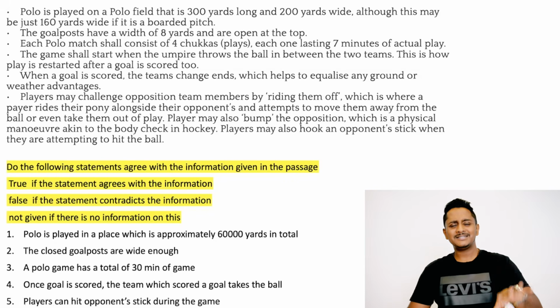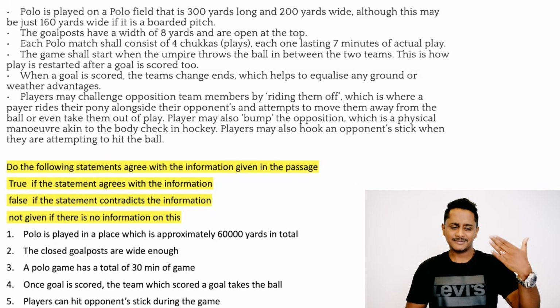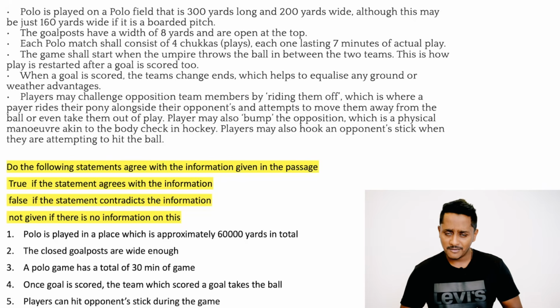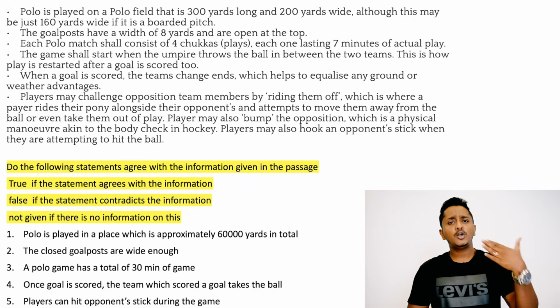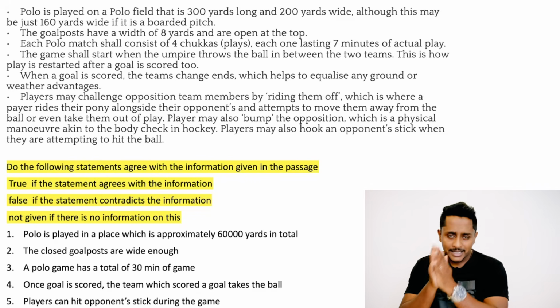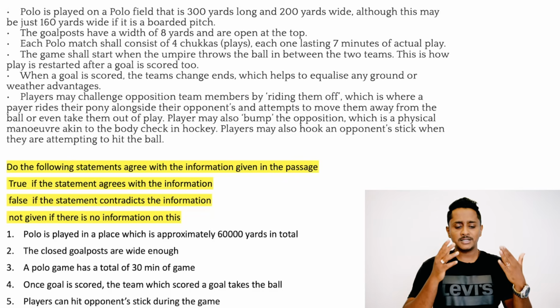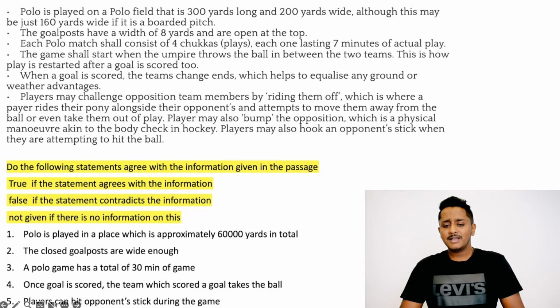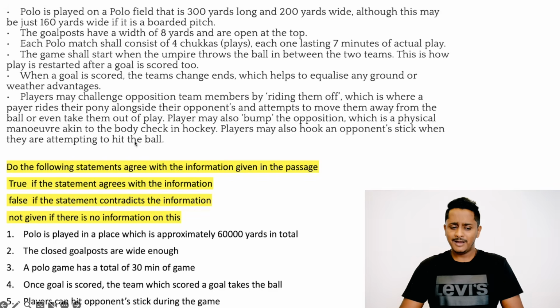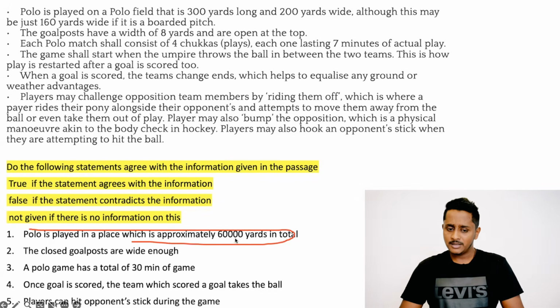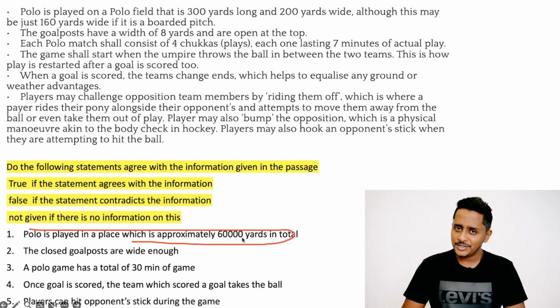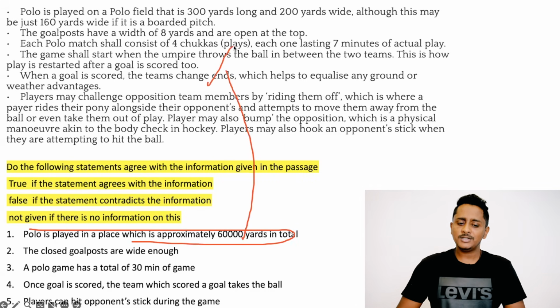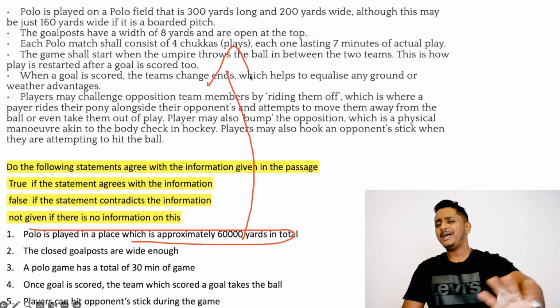Alright, so what is true false not given? It looks something like this. A paragraph will be given, and then: do the following statements agree with the information given in the passage? True if the statement agrees with the information, false if the statement contradicts the information, not given if there is no information on this. They'll give you a bunch of questions. You have to read the question and say if the information given in the question matches the information in the paragraph right above.